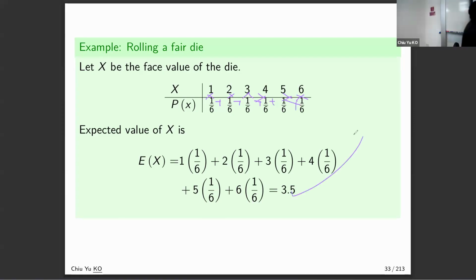Okay. So the expected value of rolling a die is 3.5. Nothing very deep here, just the definition, right? You give me a random variable and its P, and I can summarize the information by the expected value. I hope there's nothing new here, it's just the mean, right? So suppose you have 6 million rolls, each outcome with 1 million times, right? You just calculate the average of these numbers.